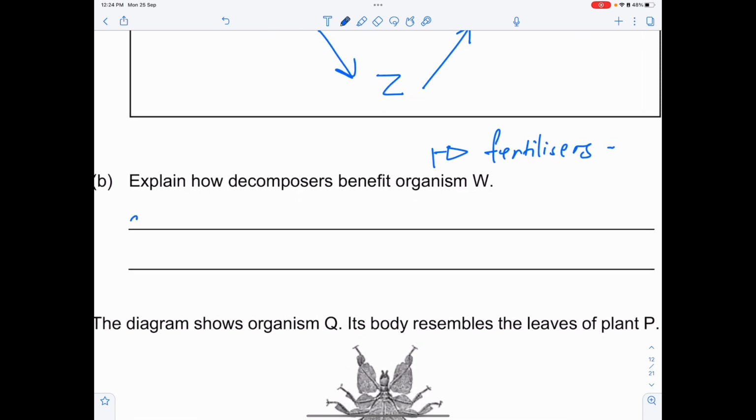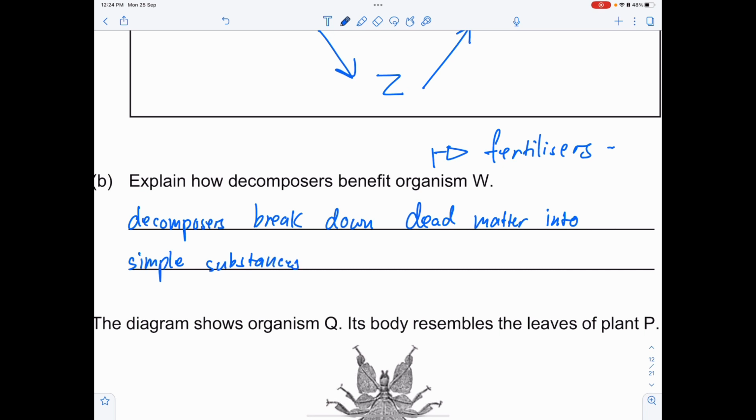Okay, so decomposers break down dead matter into simpler substances which are absorbed by W as nutrients.